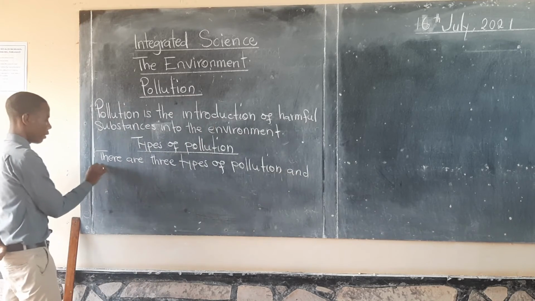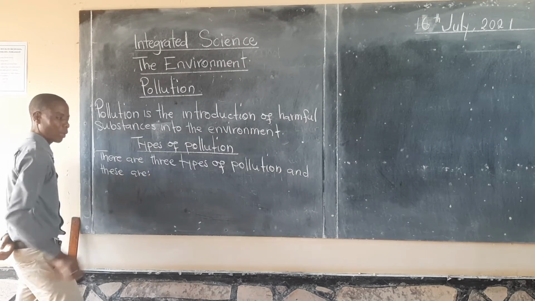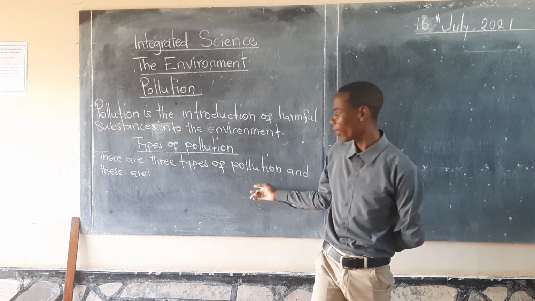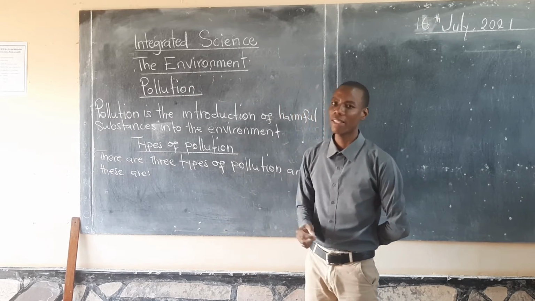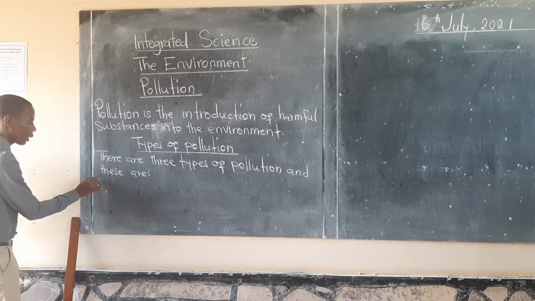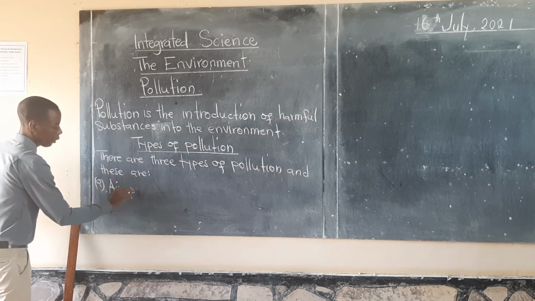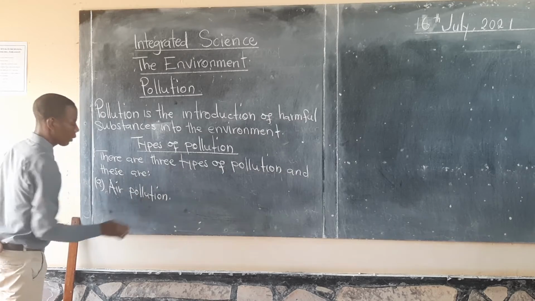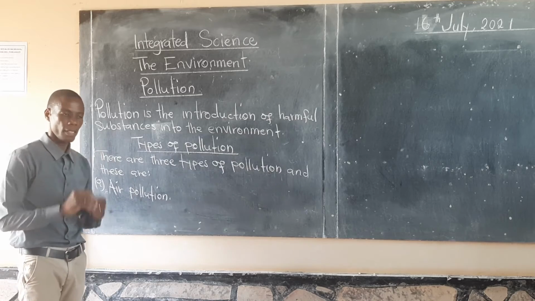And these are, what do you think are these three types of pollution that we are talking about? Well, one, we have what we call air pollution as the first type of pollution.